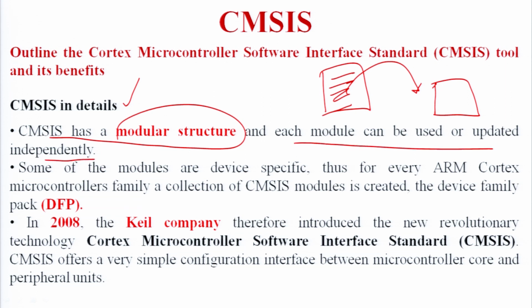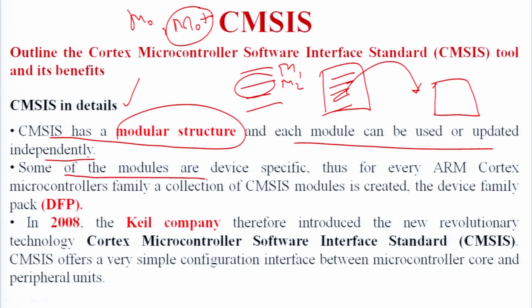So in CMSIS, we have various types of modules, and each module is independent of the others. For example, if we are writing a program for a particular M0 microcontroller, it is independent of the M0 plus microcontrollers. Some of the modules are device specific, meaning specific to a particular device.